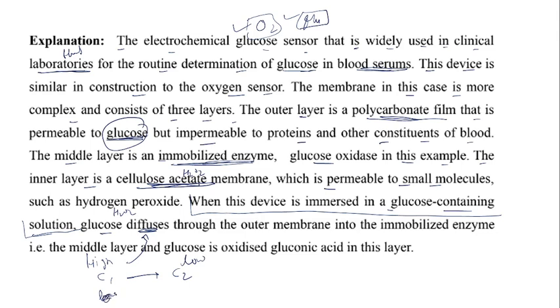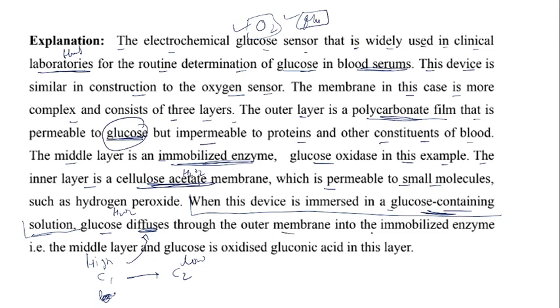So glucose will try to diffuse from higher concentration to lower concentration. Higher concentration will be in your sample, and lower concentration will be in your sensor, the glucose sensor. That's why glucose will move from sample to sensor.